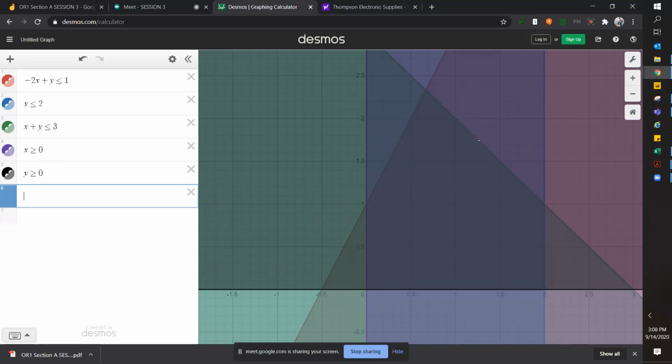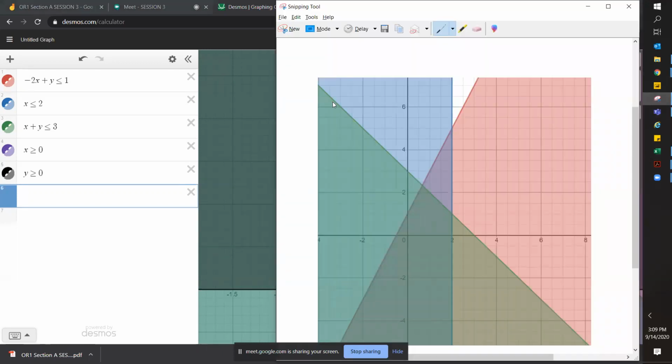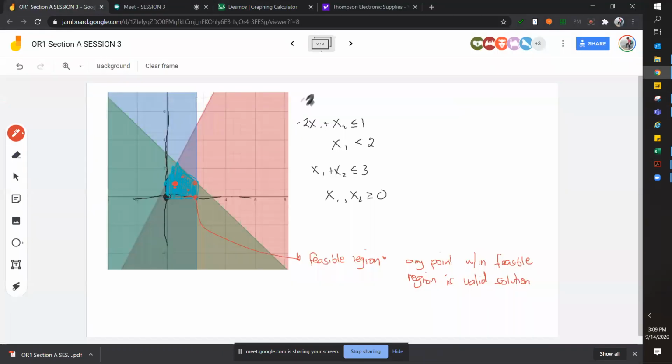Can you pick any point dito sa shaded area na yan na nasa feasible region? 1 and 1. Okay, asan si 1 and 1? Hindi ko mailagay eh. Sige, isa pa.